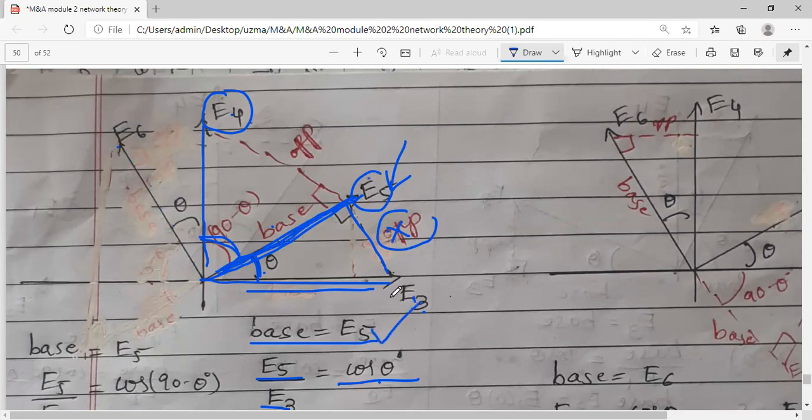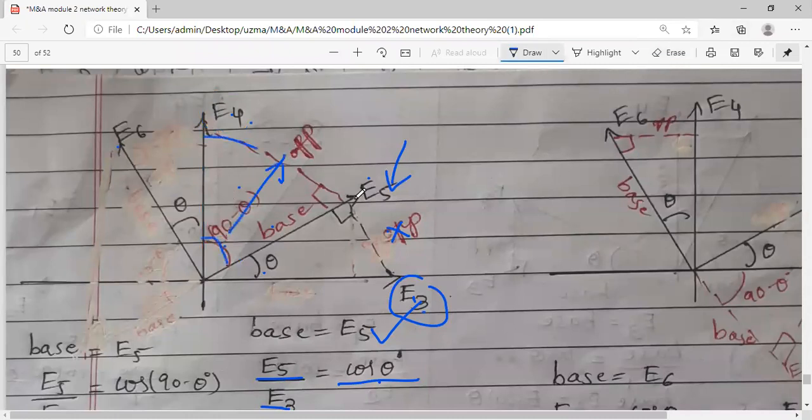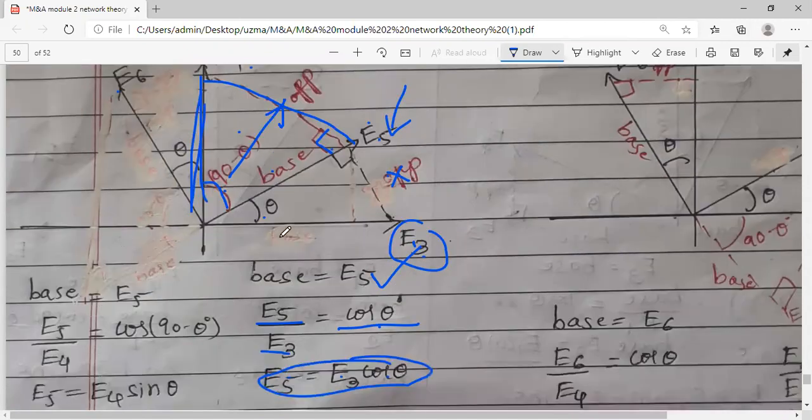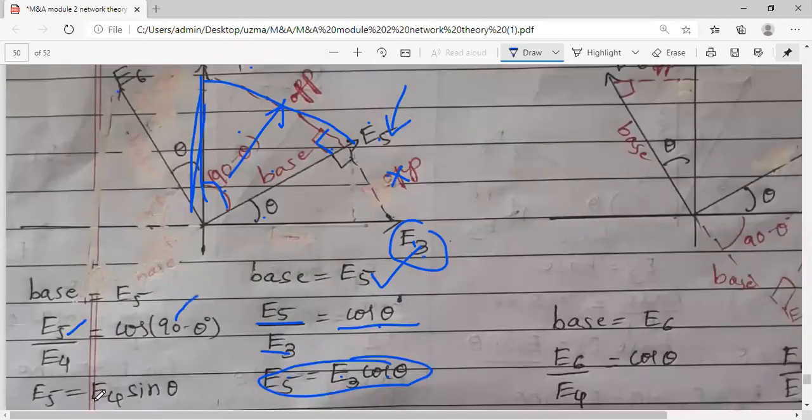One is over; I have expressed it in terms of E3 from the first triangle. Coming to the second triangle, the base is E5. This is your angle. The segment opposite to it is the opposite, this will be 90 degrees. This is your hypotenuse. So base by hypotenuse, E5 by E4, is cos of 90 minus theta, or E5 is equal to E4 sin theta. So for E5, I have got two values.